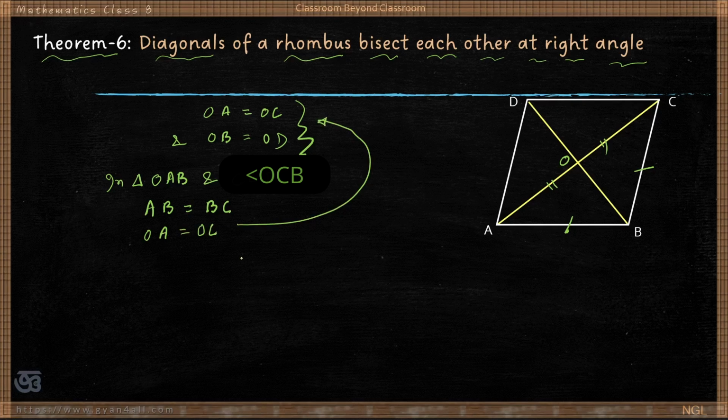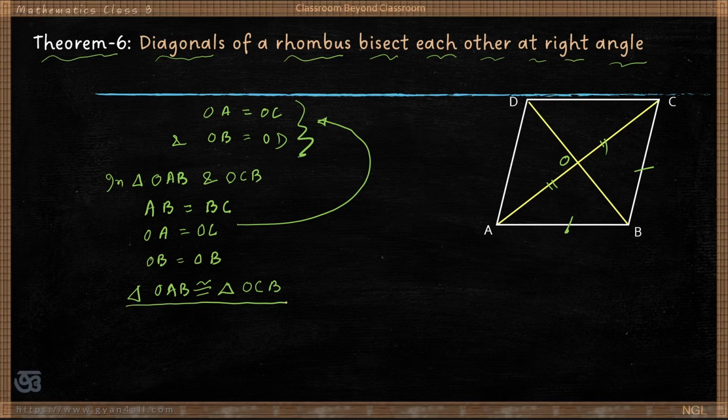So you can write diagonals of a rhombus bisect each other. Then again OB is equal to OB, the common side. So triangle OAB is congruent to triangle COB, by the side, side, side postulate.